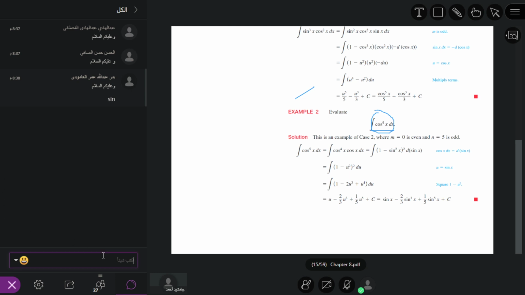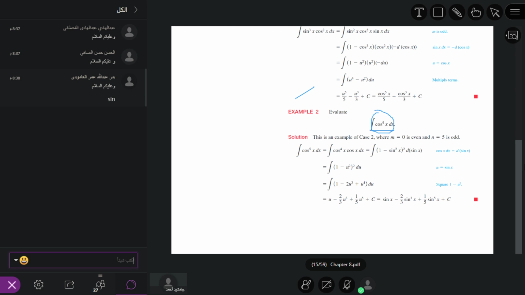So cosine power 5 x, it means we are dealing with the power of cosine. So that is why we write cosine square whole square x, here cosine x. It means cosine power 2 into cosine x dx.